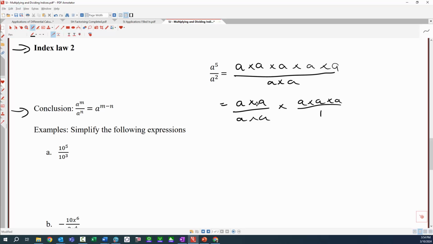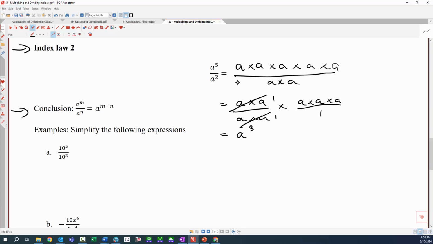Notice that all I've done is I've split these up. So I've still got 5 a's being multiplied together in the numerators and 2 a's being multiplied together in the denominators. Now, why did I do that? Well, we can see here that those two are going to cancel out because a times a over a times a is just going to be 1. So that's going to cancel out, leaving us with a times a times a over 1, or a to the 3.